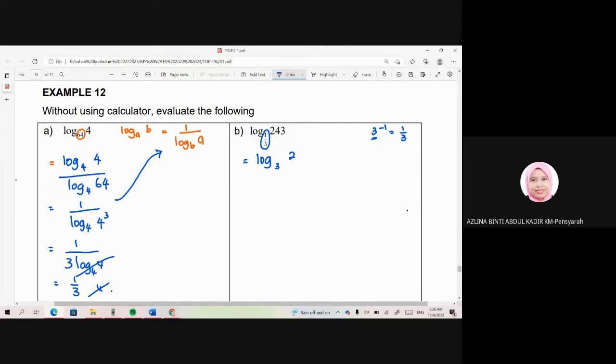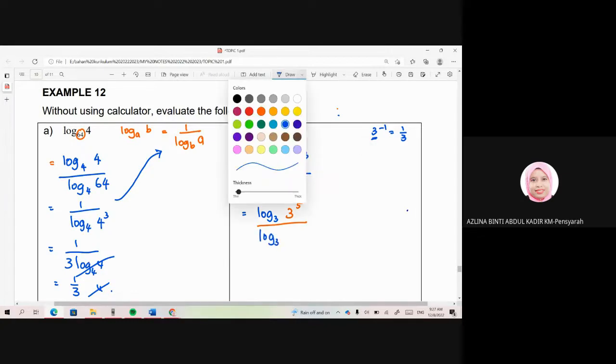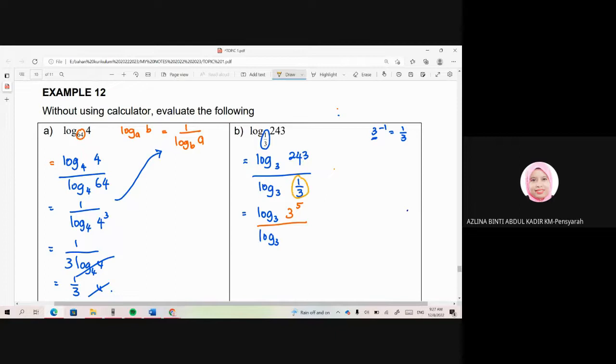It is log 243 over log base 3 of 1/3. Can you think, can 243 be written as 3 to the power of something? So 243 is 3 to the power of 5, over log 1/3, which in base 3 is 3 to the power of negative 1.